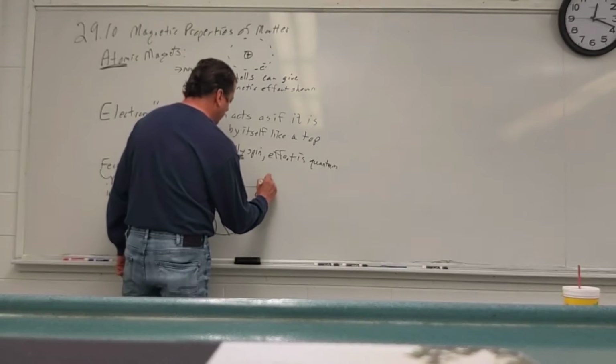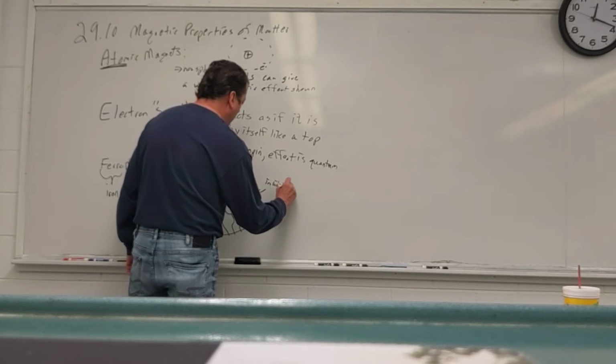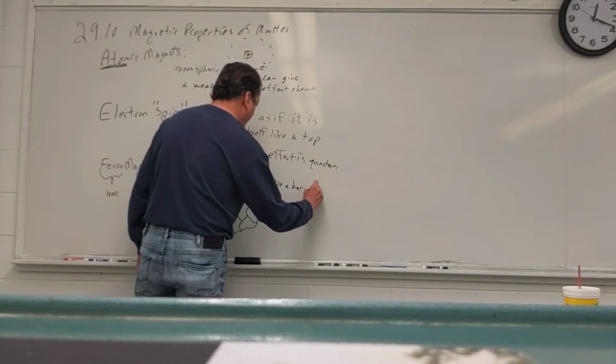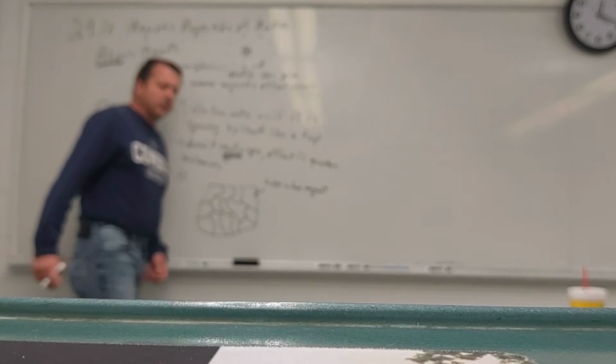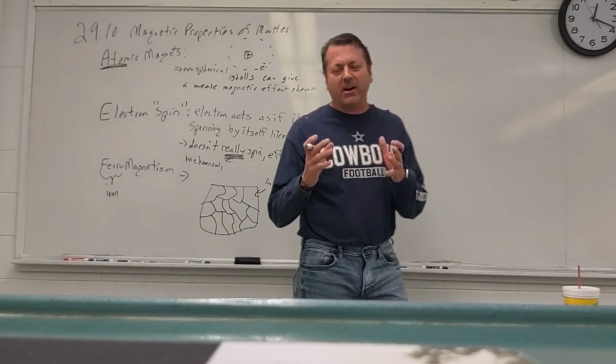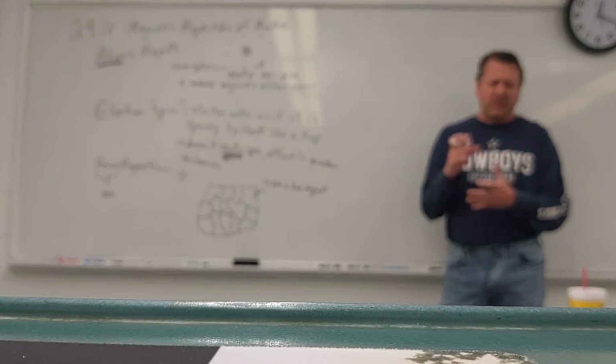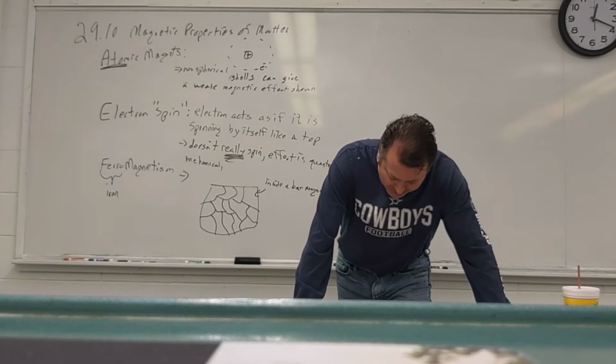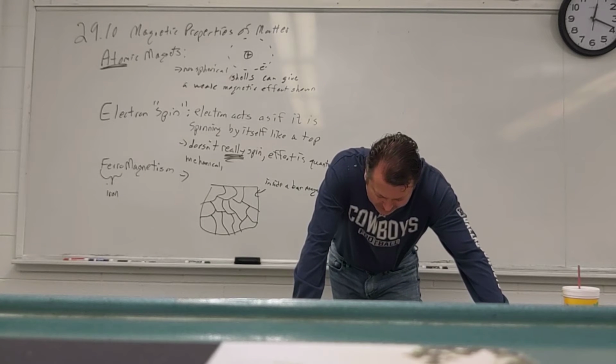Inside a bar magnet, basically you have little areas. From a 2D perspective, it's areas. From 3D, of course, it's a volumetric space. But you have these magnetic domains.